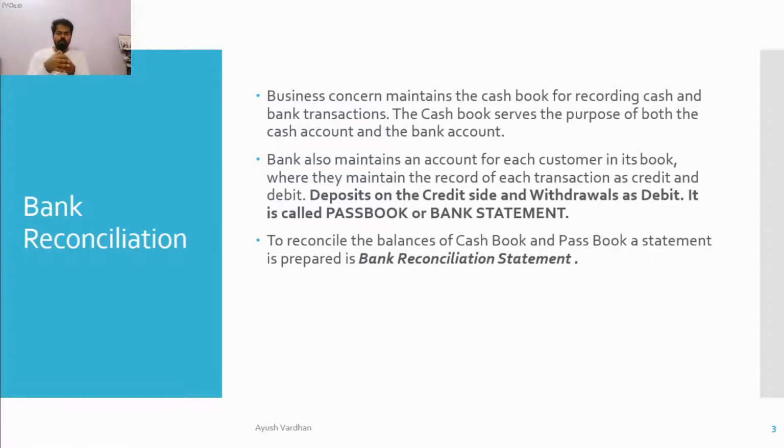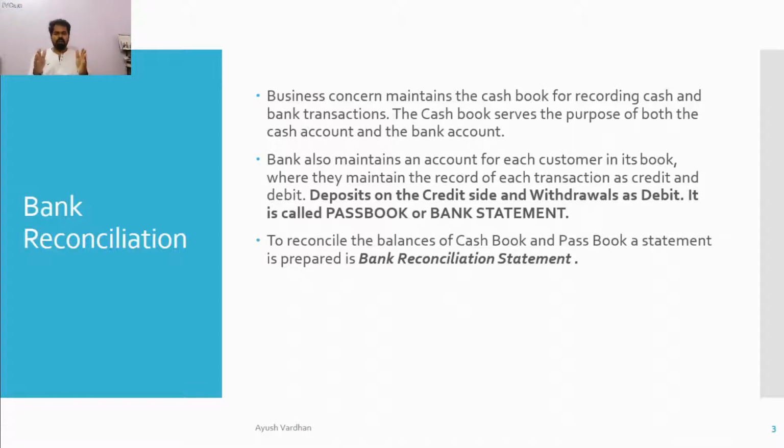Then what do we need to do? We need to reconcile the cash book and passbook statement. So for this purpose, we prepare the bank reconciliation statement. At a certain interval, we want to know what amount of cash we have spent and what amount of cash we have earned.